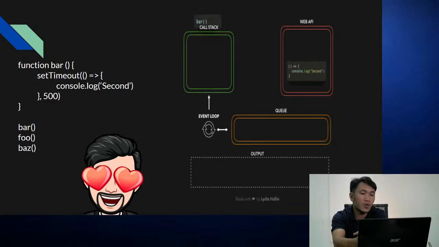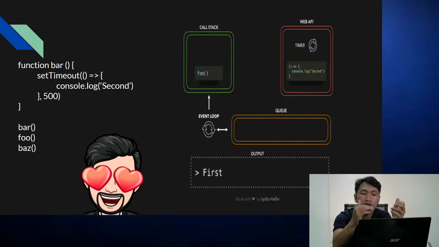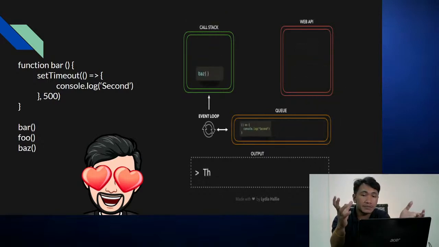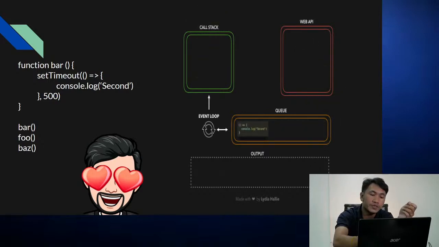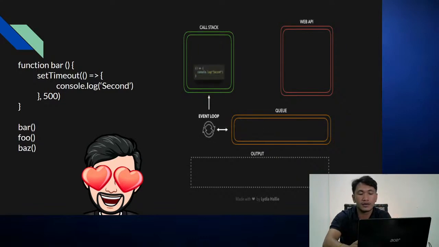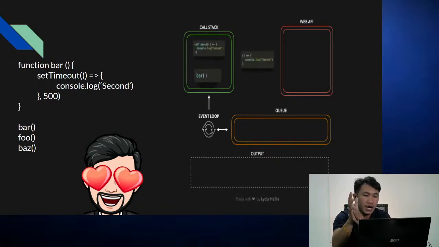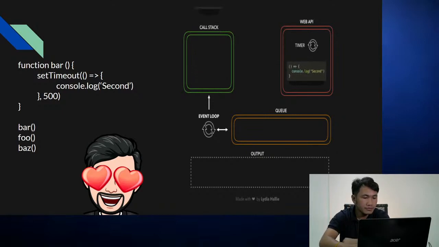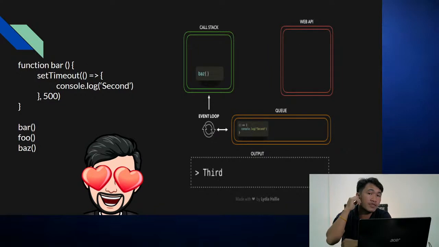And then once the call stack is empty, our event loop runs and executes the very first thing that pops up in our callback queue, which is our console log. All right? And that is pretty much how the asynchronous operation works.